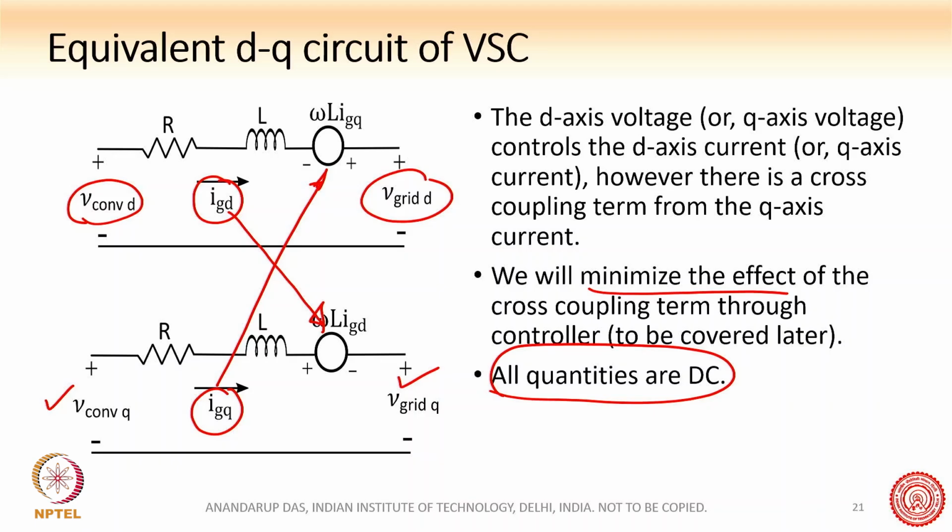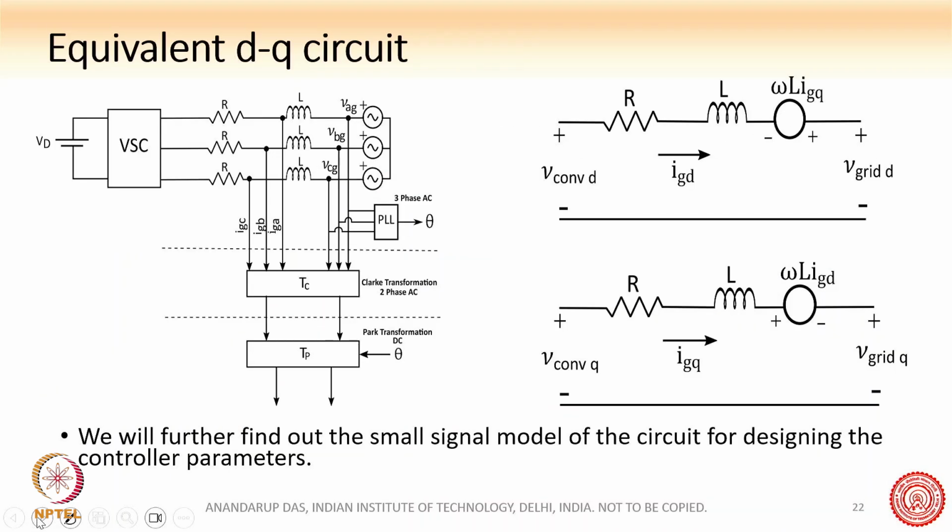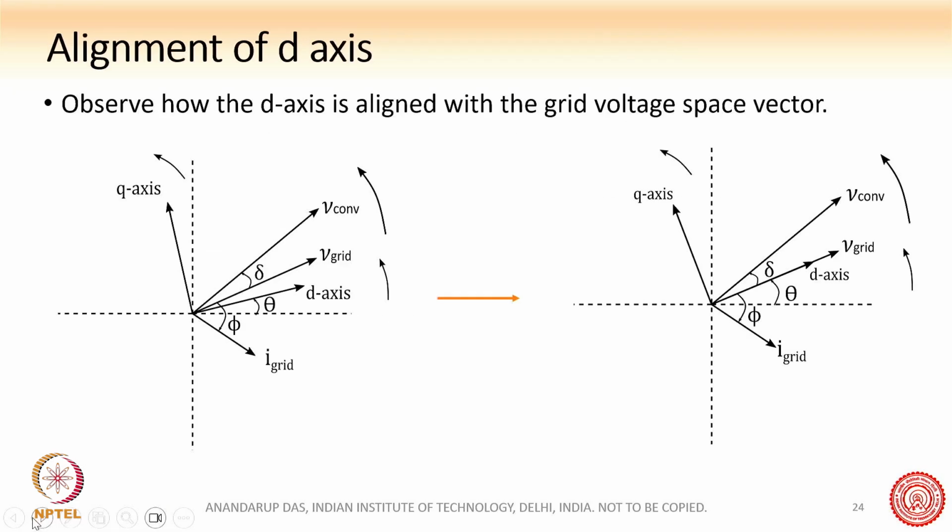If you remember, when we did the Park transformation, all quantities became DC. Why is it DC? Because when we did the Park transformation, here is the space vector. You can see here the i grid space vector, v grid space vector, v con.